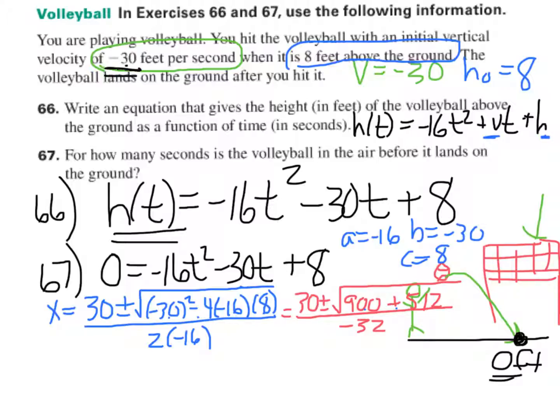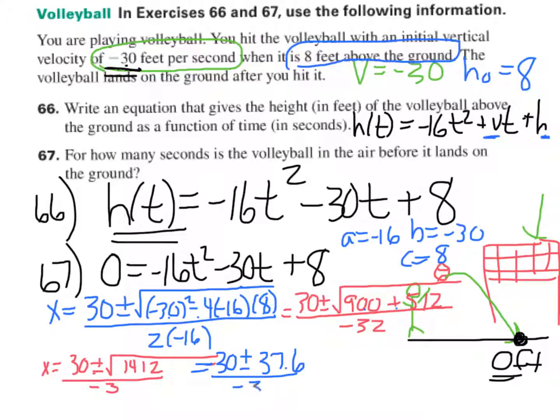So simplifying further, we're going to have x equals 30 plus or minus the square root of 1,412, which is 900 plus 512, all over negative 32. Now let's take the square root of 1,412, and that's going to simplify down to 30 plus or minus about 37.6, all divided by negative 32.